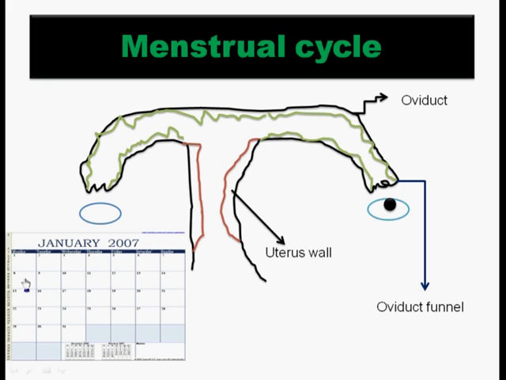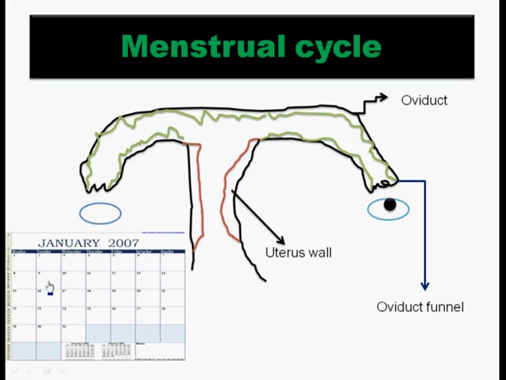Now, after the 7 days has passed, if the egg is not fertilized, then what will happen is that the uterus wall right here will break down, and that is what you call the period.